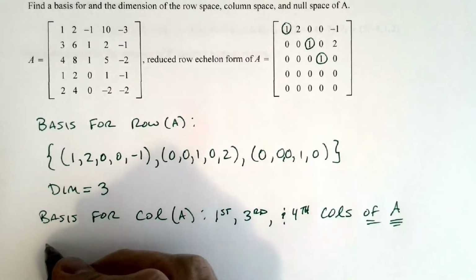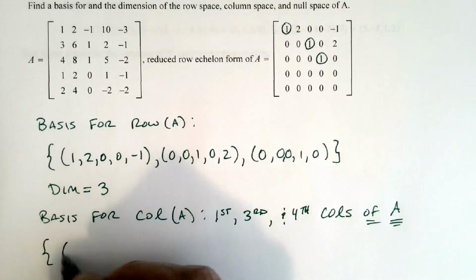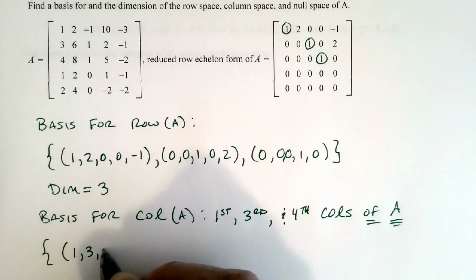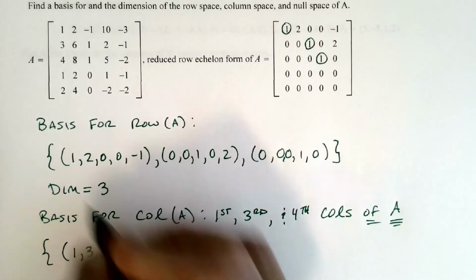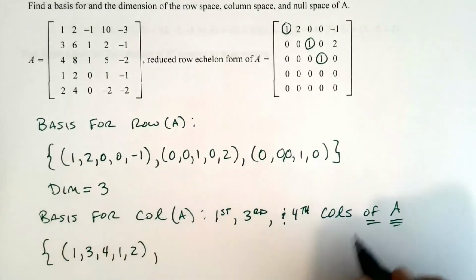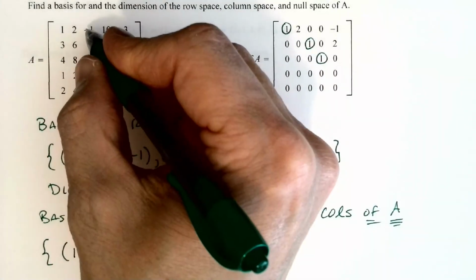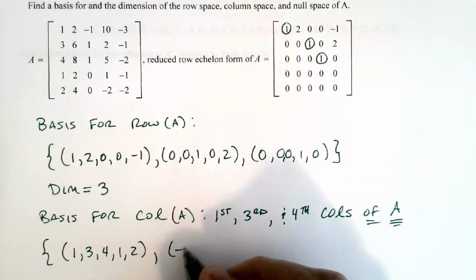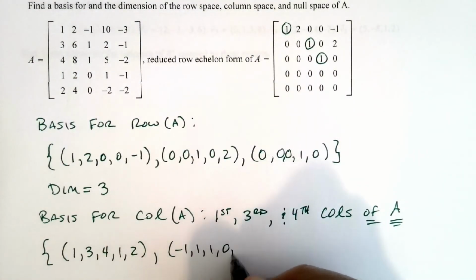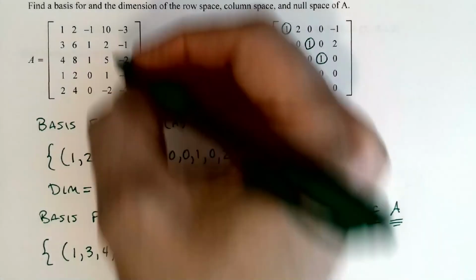And so those columns are 1, 3, 4, 1, 2. That's the first column. The third column, so -1, 1, 1, 0, 0. And the fourth column.